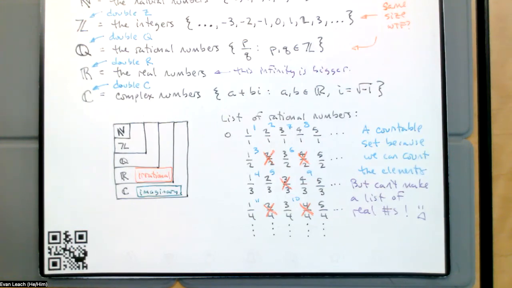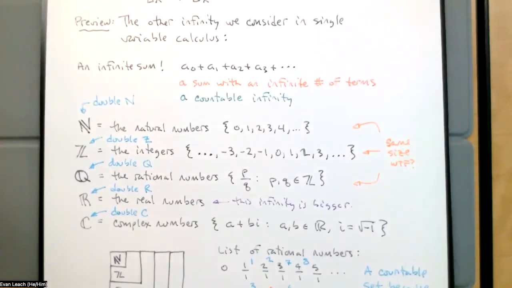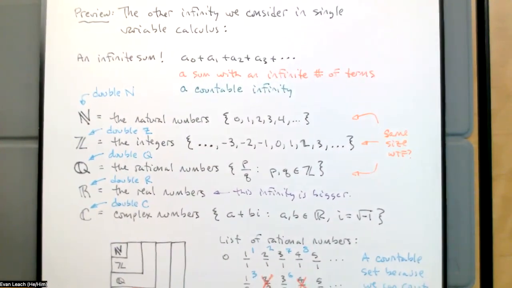Any questions? So that's the other kind of infinity that we have to concern ourselves with. We won't get to learn about this until next semester when we get into sequences, series, and power series. But we want to be looking at a sum with an infinite number of terms.